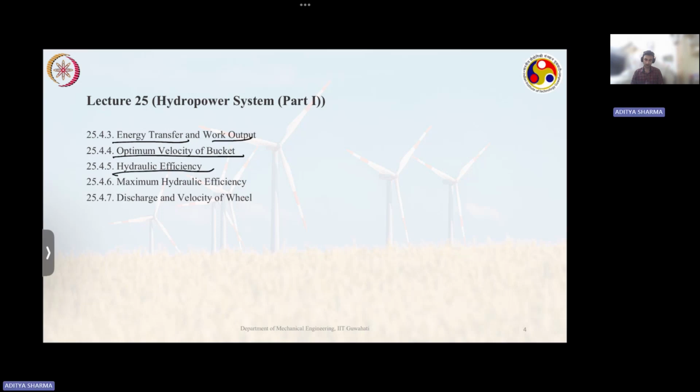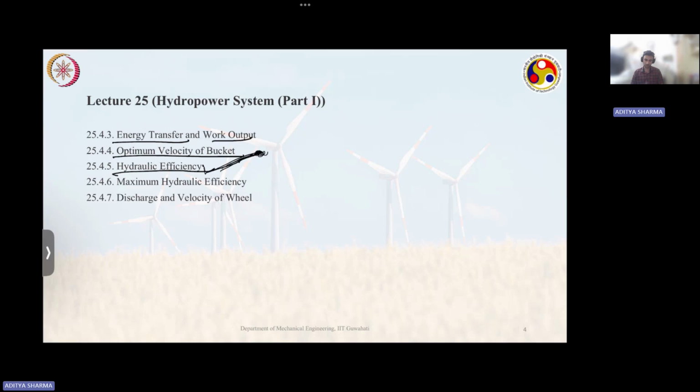Then what is hydraulic efficiency? Hydraulic efficiency basically is the power that you produce. It is the ratio of the power that you produce to electric energy. Sorry, it's the power that is imparted to the turbine, right?